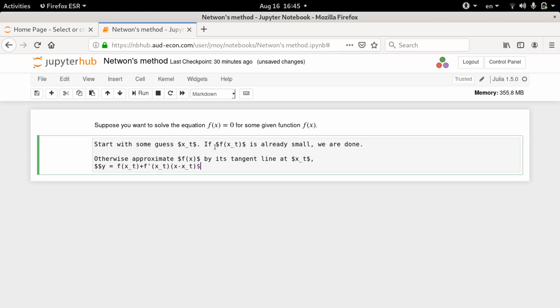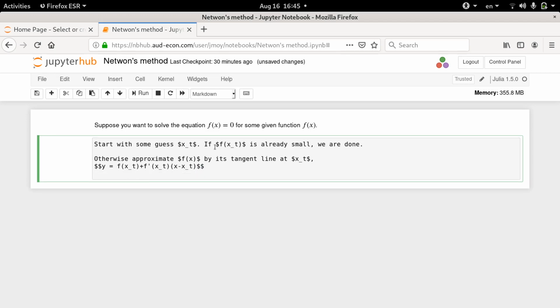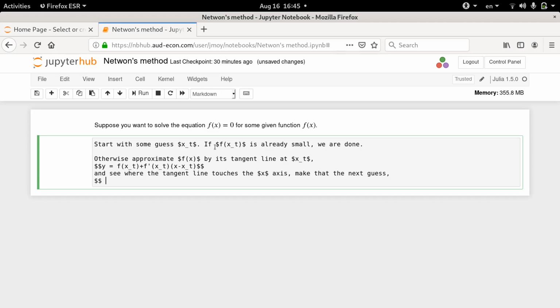So this is the tangent line, and see where the tangent line touches the x-axis. So this is where the tangent is 0, and make that the next guess. So if you solve for where y is equal to 0, you will get the next guess.